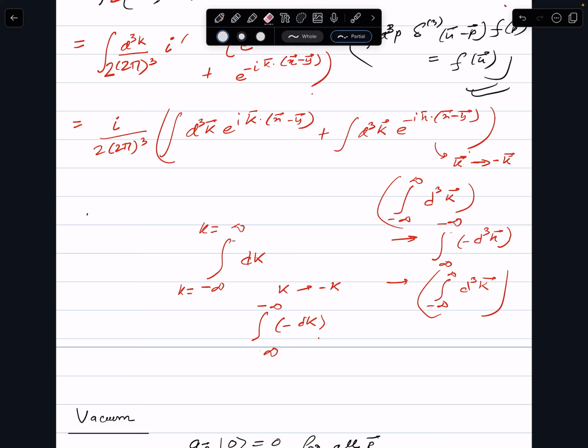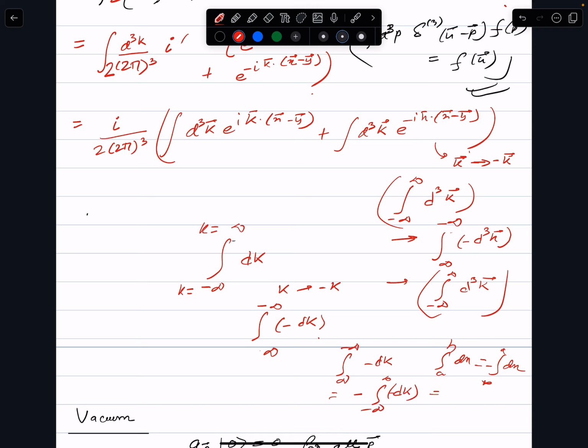So these limits flip. I have infinity to minus infinity, minus dk. But I can flip the limits with another minus sign, since the integral from a to b of dx is equal to minus the integral from b to a of dx. So I get minus of minus infinity to infinity dk, and the final thing is plus.